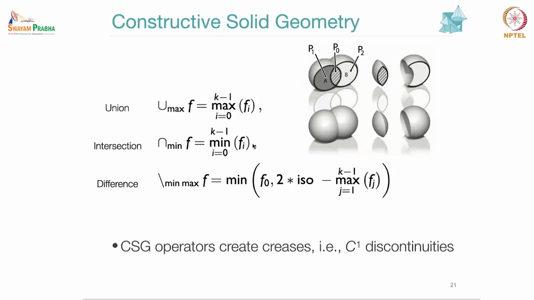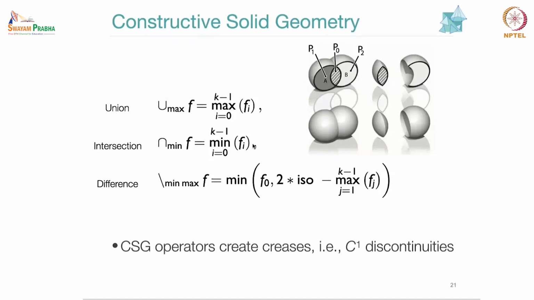You keep on calculating the max, and then with the max, if you do a zero level set, you will get this union of these two fields. Exciting, right? You just do a max and magic happens. Intersection, on the other hand, is the min operator. So you take a min of all the fields at the same point, you get the intersection.